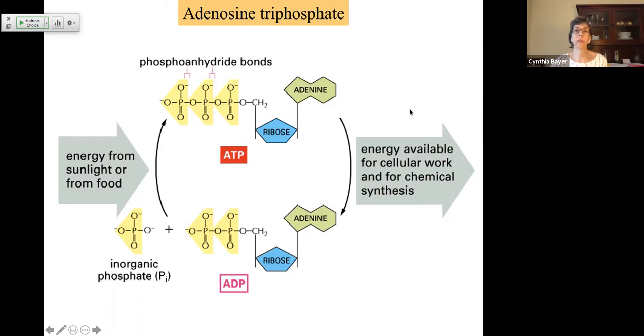ATP hydrolysis can drive transport. ATP hydrolysis can drive mechanical work like cells dividing, chromosomes moving, vesicles walking along the cytoskeleton. And ATP hydrolysis can drive chemical work of the cell. And that's what we can see on the next slide.